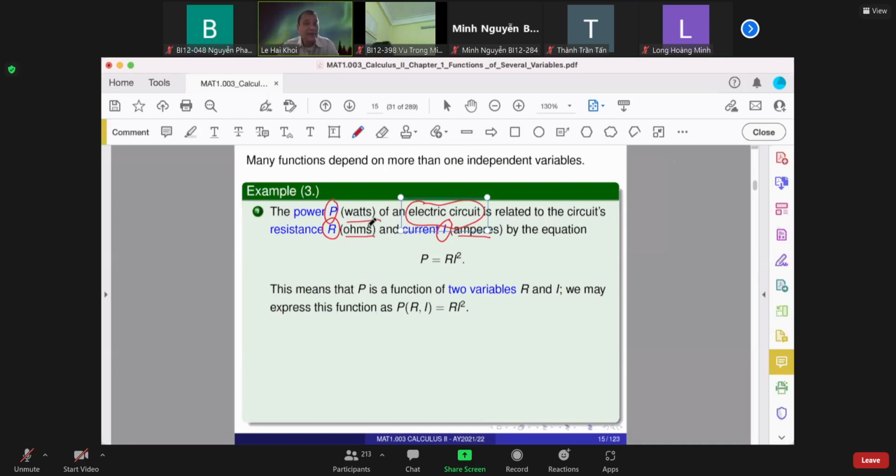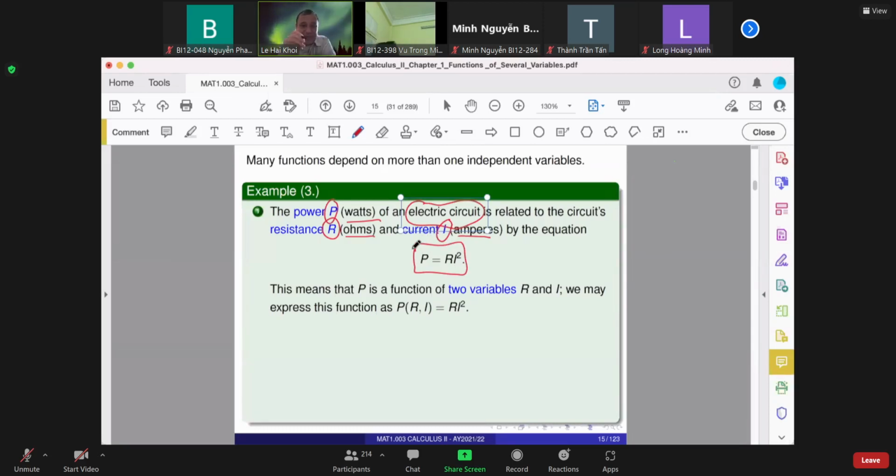So this is a quite usual electric circuit. And we will return to this in the second part of the course, ordinary differential equations. You will have something related to that. Okay. And between power, resistance, and current, you have the relationship by the equation P equals R I squared.